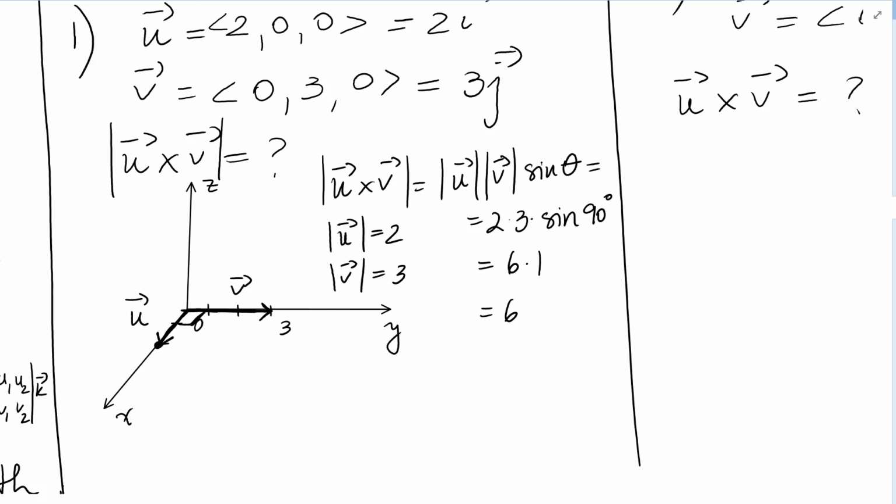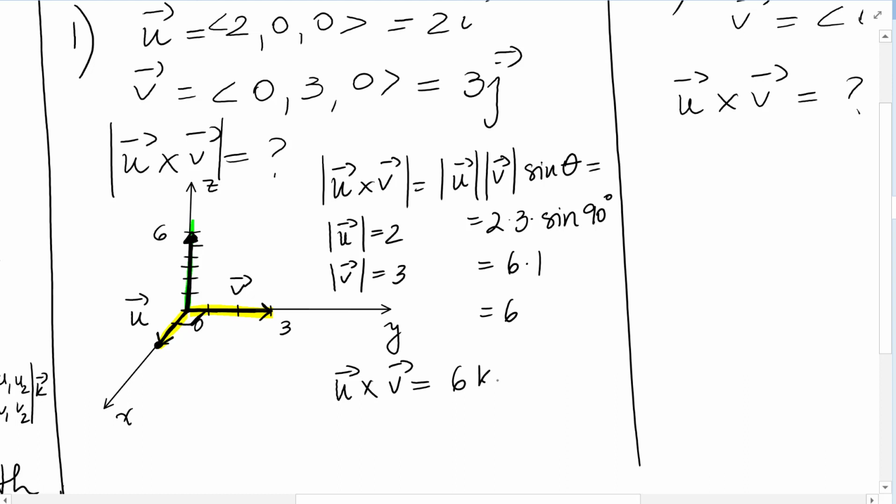But if I were to locate it in the coordinate system, because this is i and this is j, the cross product would be k, and we know that it's 6 units, so this would be the vector u cross v.